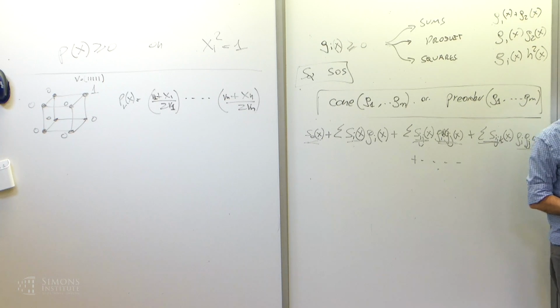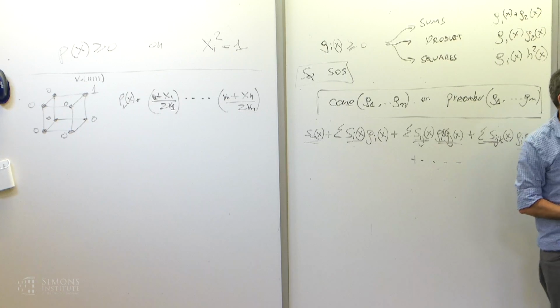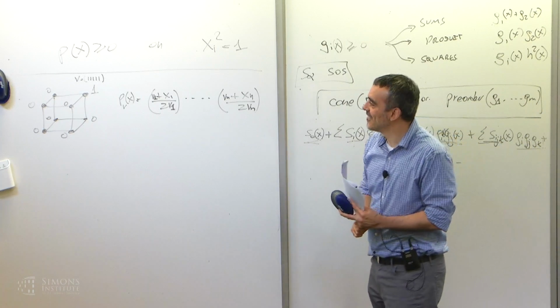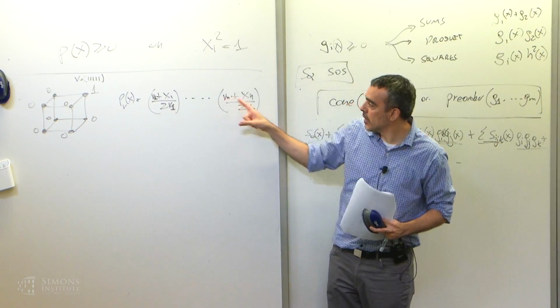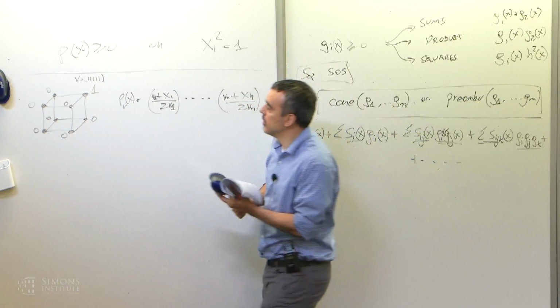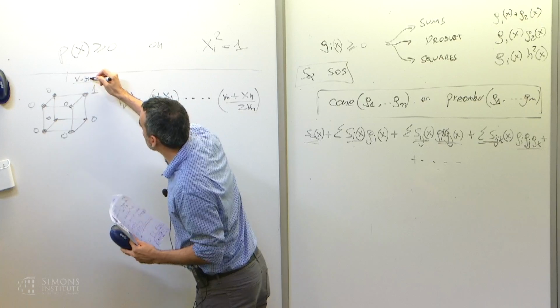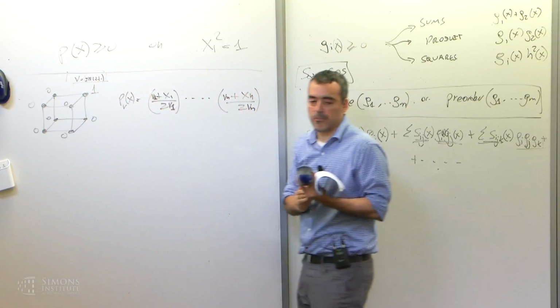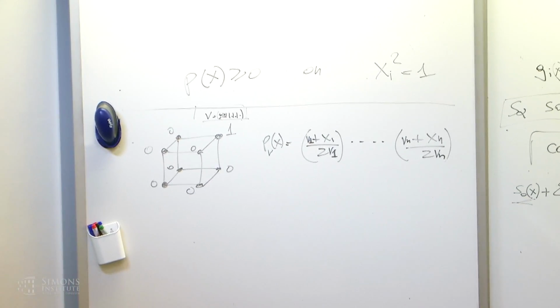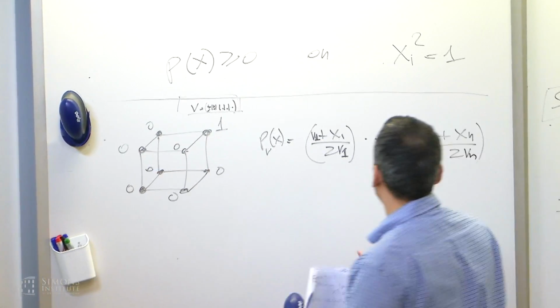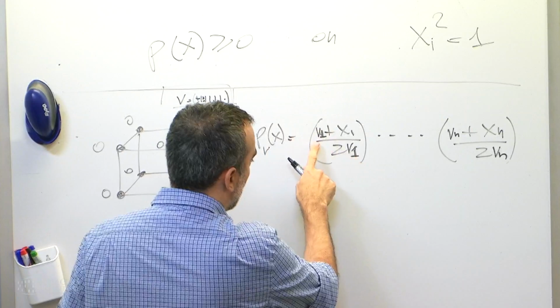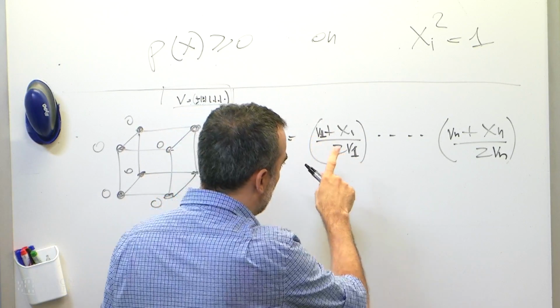Is that clear? Not so clear? More or less clear? It's the same argument that I was saying before. If all the v sub i's, where v is a vertex of the hypercube, are plus or minus 1, you want 1 plus v_i x_i. Is that true? Certainly when it's 1, it works. When it's minus 1, it works either way.